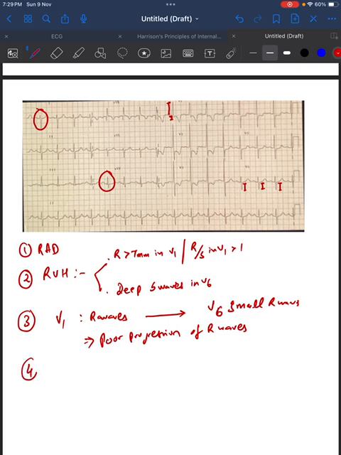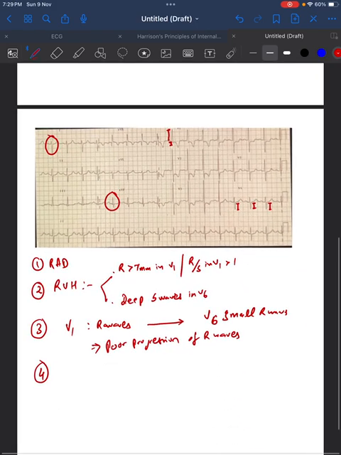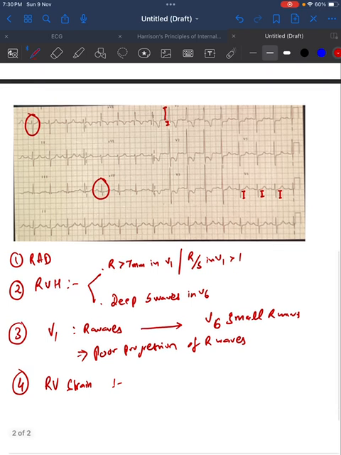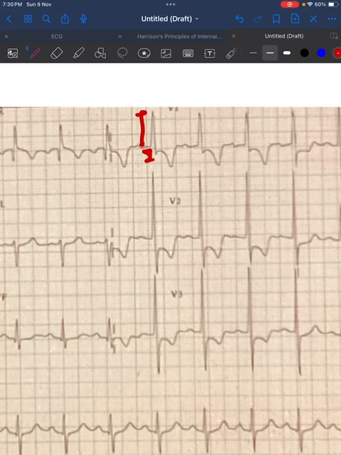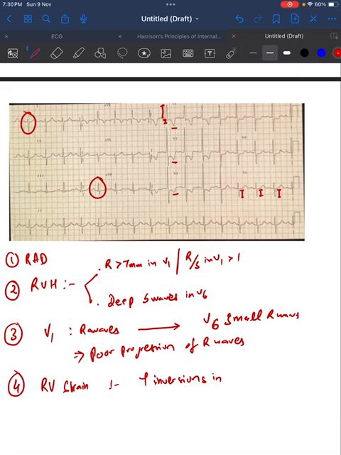Then another sign which is seen is the RV strain pattern. Now what happens when there is RVH? It leads to straining of the right ventricle, and the RV strain pattern is T inversions. We can see there are T inversions in V1, V2, V3, usually in the right-sided and a little bit of the anterior leads.